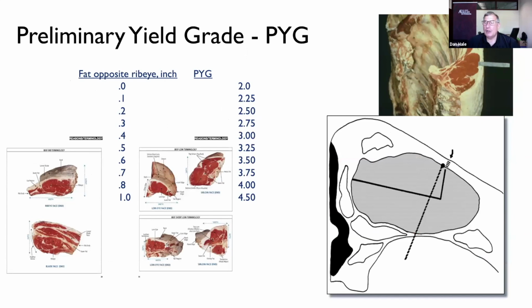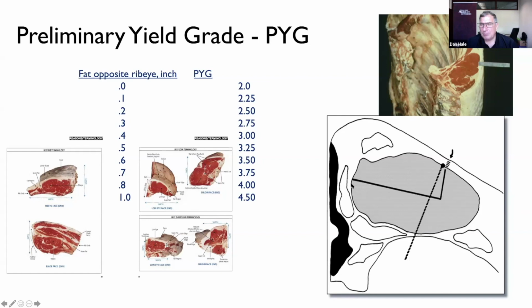So I said we're going to do quality grade just like we have. For yield grade, we don't have a full carcass, but we do have the factors. First of all, if we look at this rib over here, here's the backbone. From the bottom of the ribeye to the top, 3/4 of the way, we take a fat measurement at that location. That's the 12th rib fat, just like we see right here in this drawing.